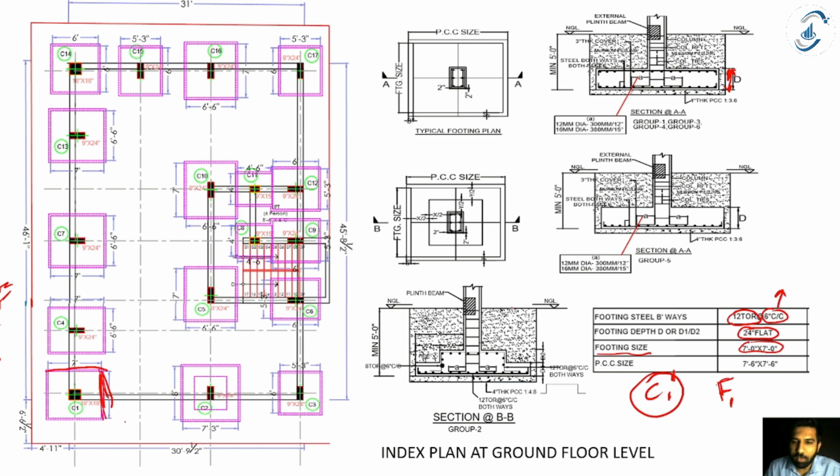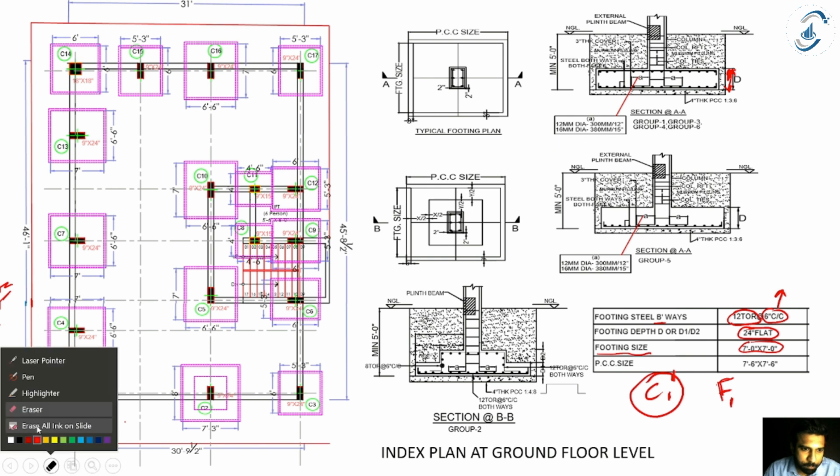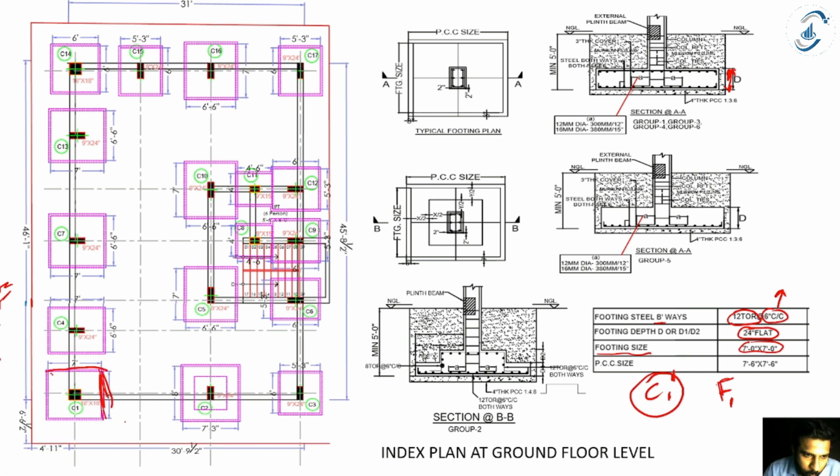If I see it in top view, in both ways, I'm going to take 12 mm diameter bars and place them at center to center spacing. This is in plan view: one rebar here, one rebar here, one rebar here, one rebar here.